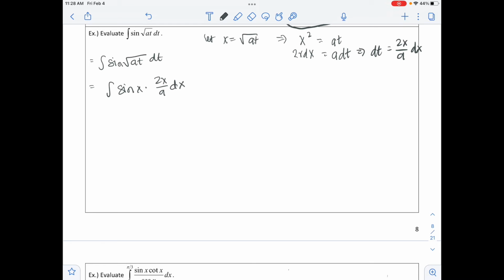And so kind of rewriting this, I'm going to pull 2 over a in front of my integral since that is just a constant. And then I have x times sine x dx.